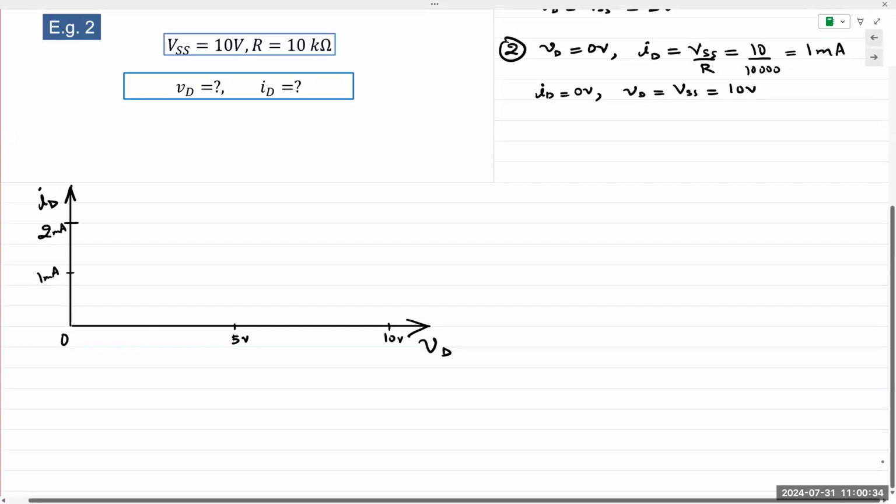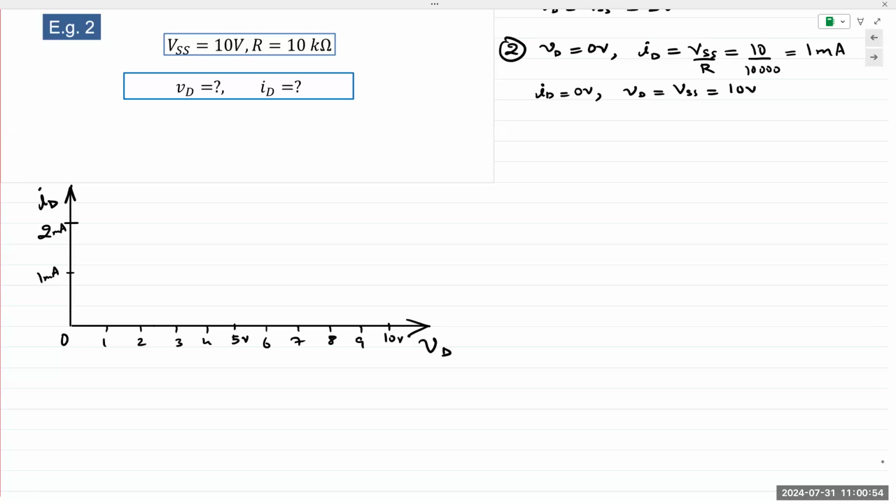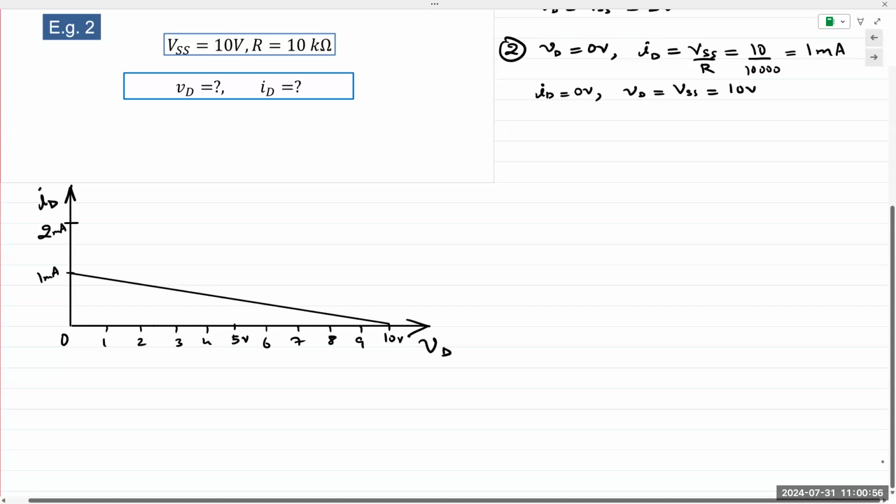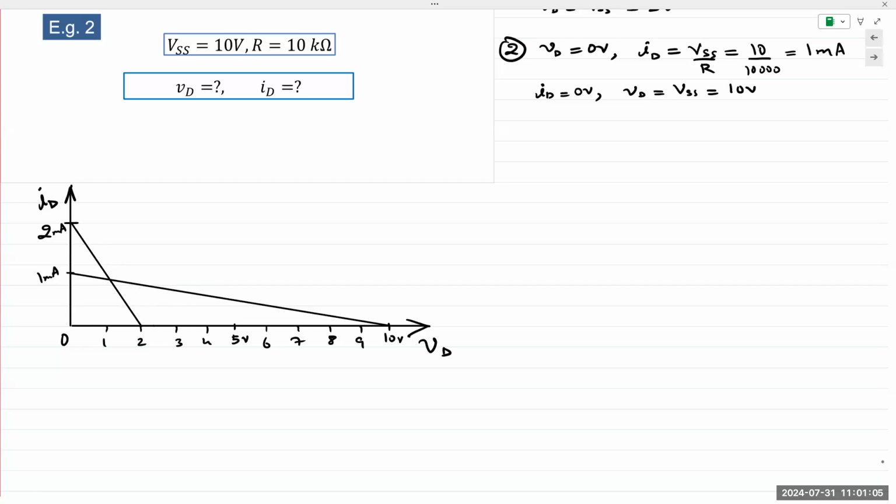It's 2.5. Maybe 2 is here. So 1, 2, 3, 4, 5, 6, 7, 8, 9. Okay, so if it's 1 and 10, and then 2 and 2, right there. And obviously, as I said, this is not to scale.